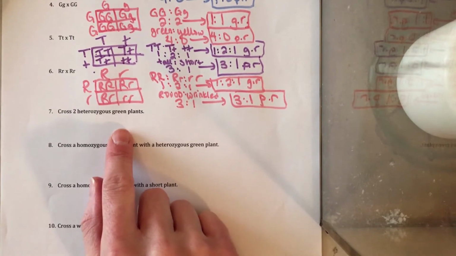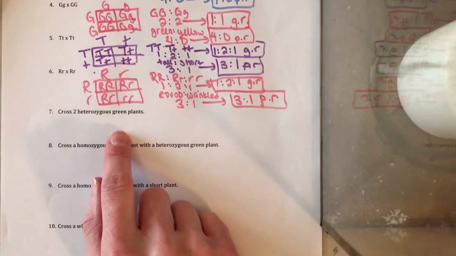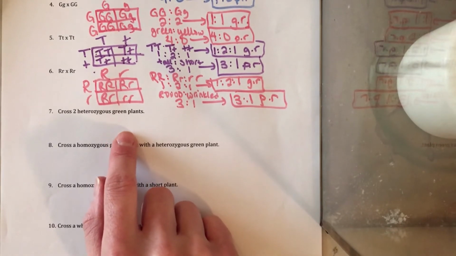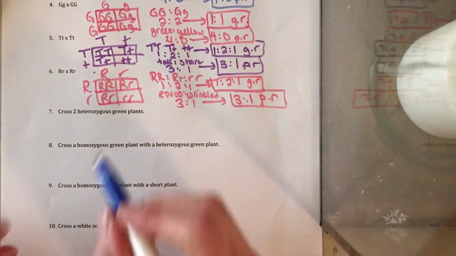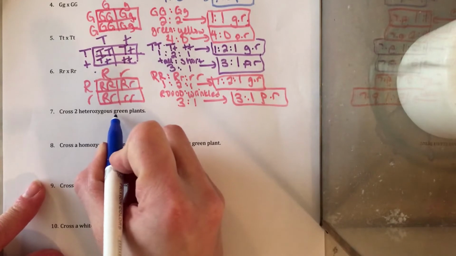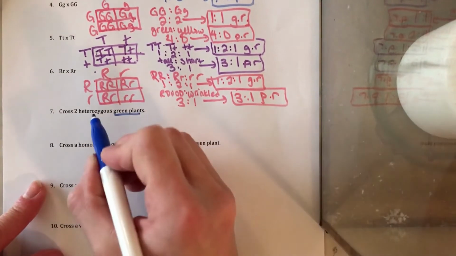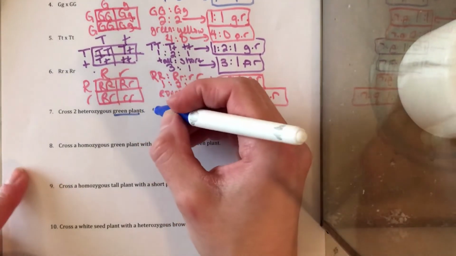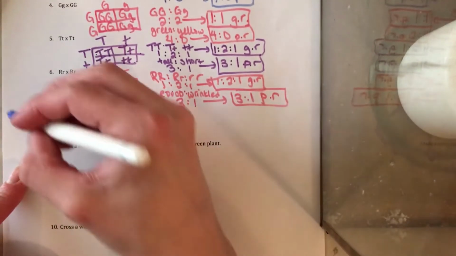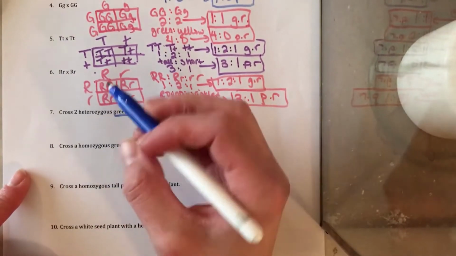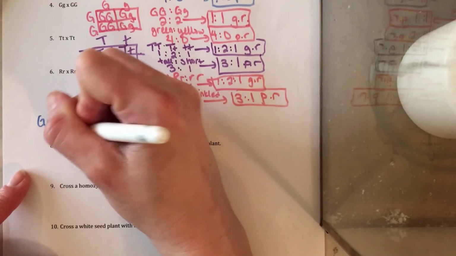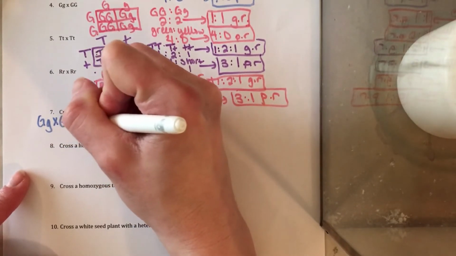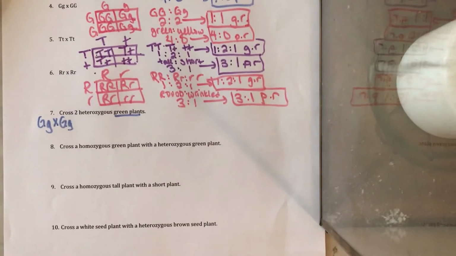So we know that we're dealing with capital G, lowercase g. Therefore, if it's 2 heterozygous green plants, it's capital G, lowercase g, being crossed with capital G, lowercase g.